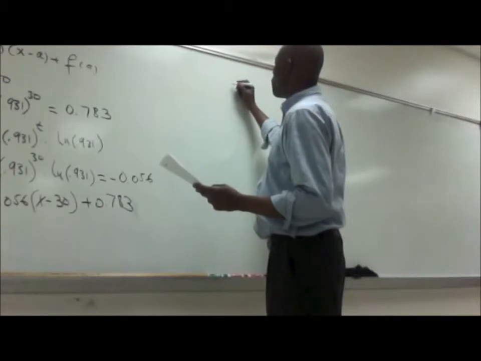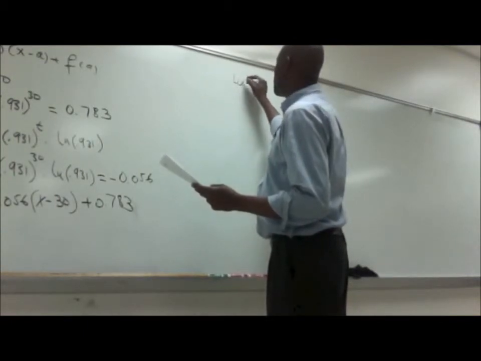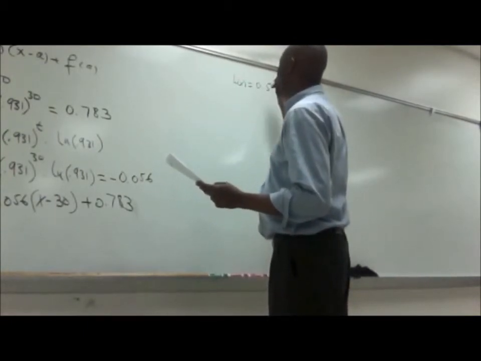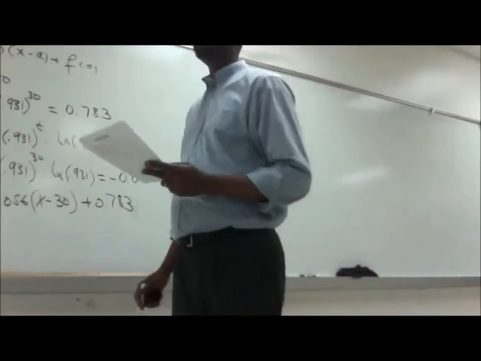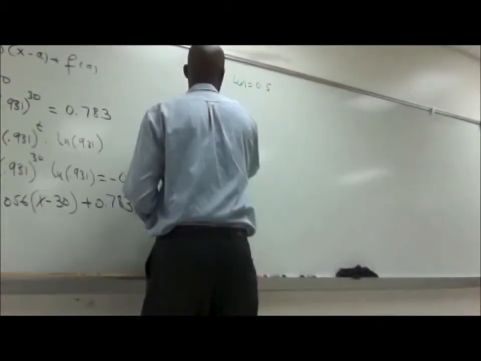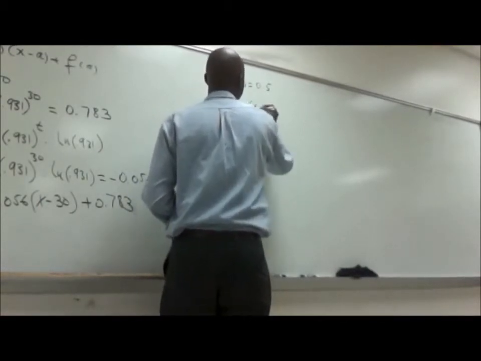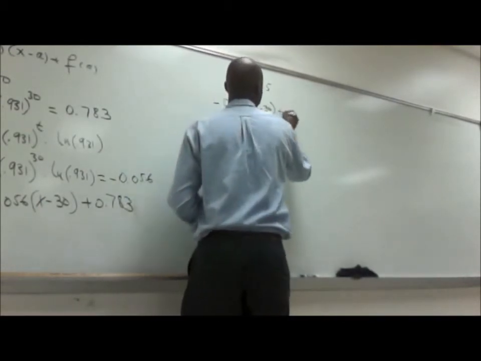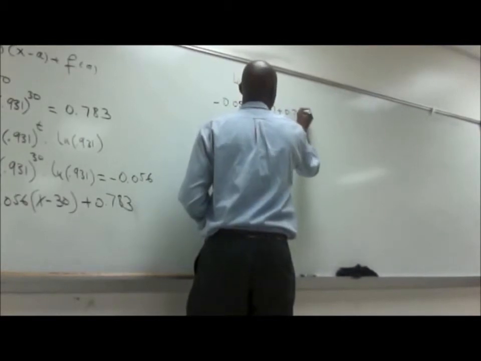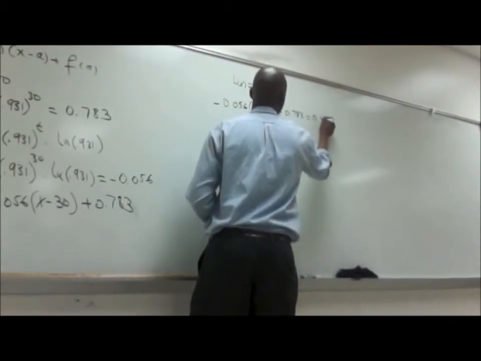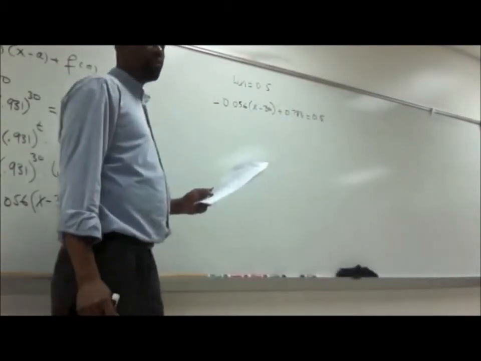So we set L(x) equal to 0.5 and solve for x: negative 0.056 times x minus 30, plus 0.783 equals 0.5.